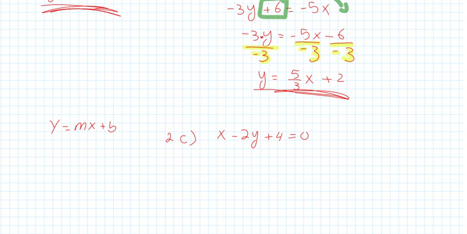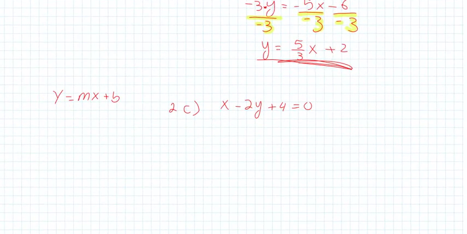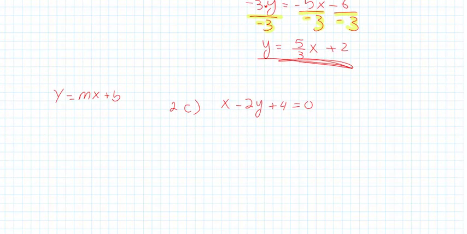So what do we get rid of first? We can get rid of the 4 first, or I can get rid of the x first. It doesn't matter which one first. Because this is what I did earlier, I got rid of the x first, so let's do that too.